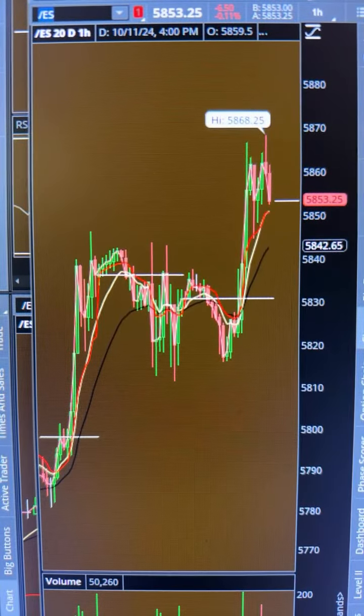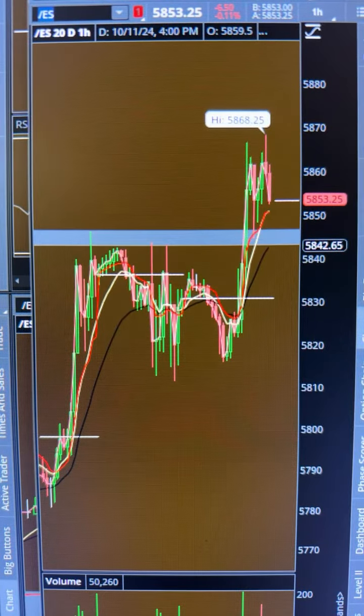So if you're trading pre-market or today when the market opens, you can trade these levels. Yeah, Warrior, I will. Let me get these ES levels and NQ levels. I'll show you whatever you want to see.